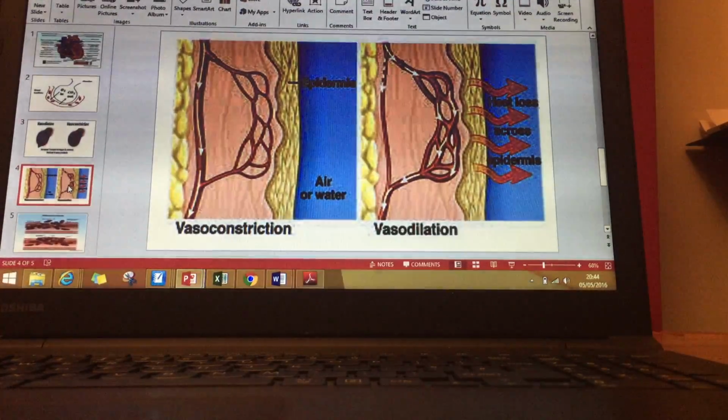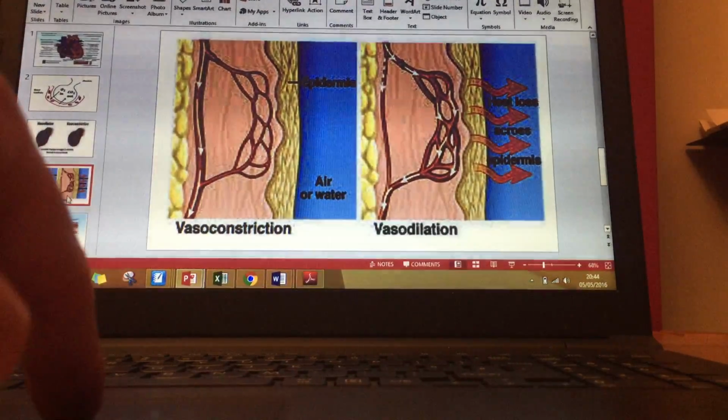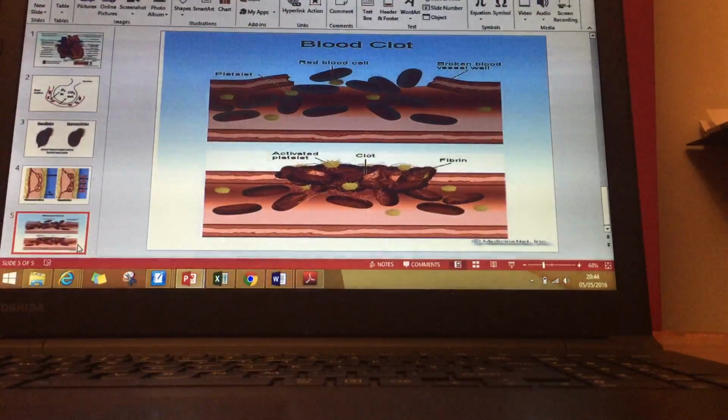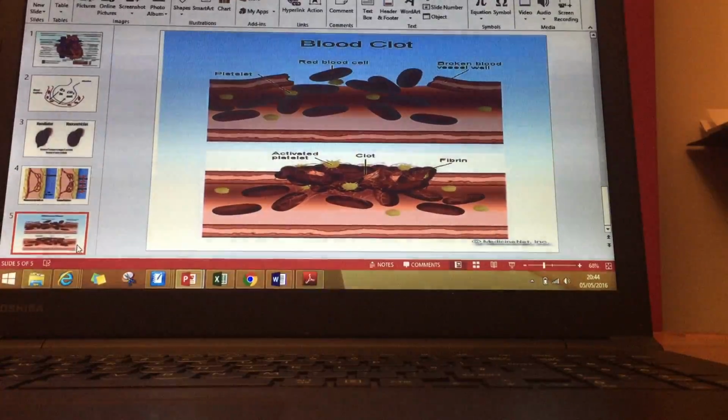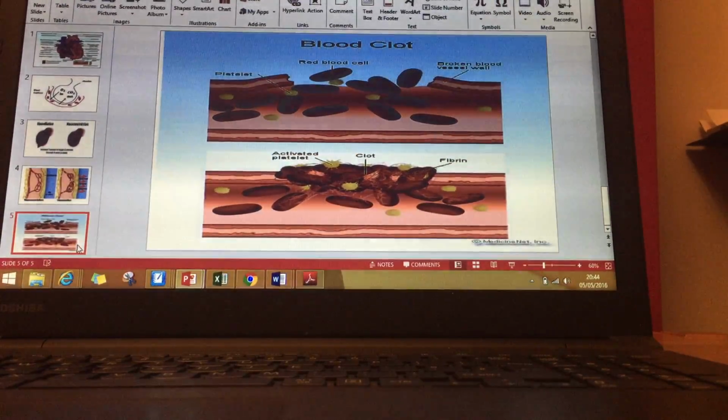In our blood, there are proteins which help control bleeding. When a vessel wall is damaged, it constricts, restricting the amount of blood going to that area. Platelets, which are small blood cells, then stick to this area to stop the bleeding.